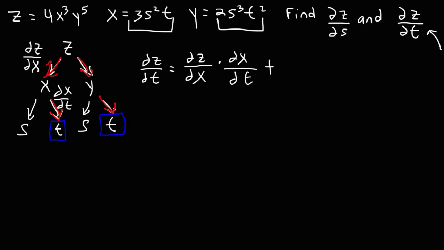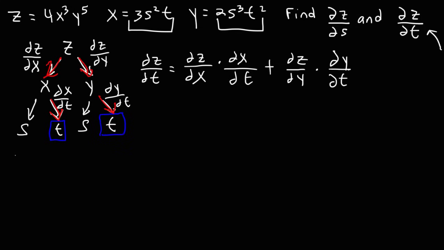And then plus, next is going to be the partial derivative of z with respect to y, and then the partial derivative of y with respect to t. And so that's going to be it. So now let's do the math.